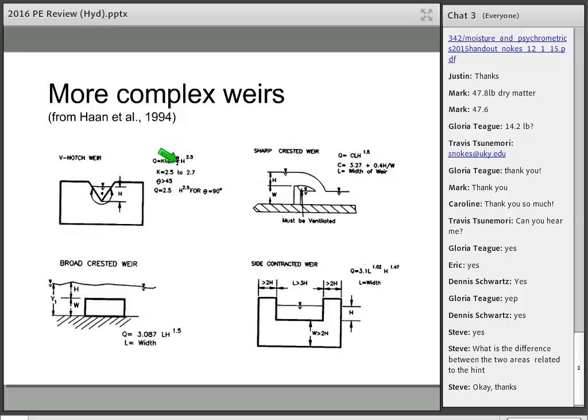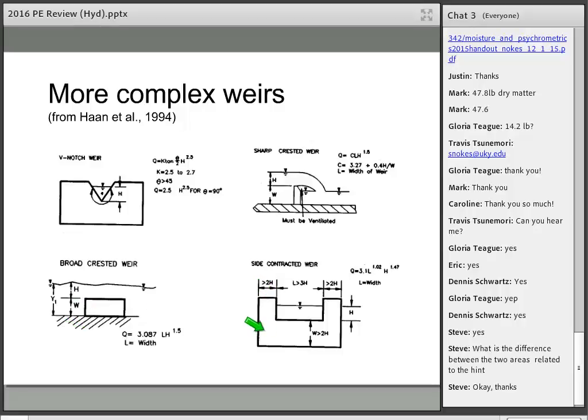So you've got the tangent of the half angle times the depth raised to the 2.5, with K being somewhere between 2.5 and 2.7. If the angle is greater than 45 degrees is what we're talking about here. If it's 90 degrees exactly, then Q is 2.5 times H to the 2.5. A broad-crested weir has a similar function, with L being the width of the broad crest.